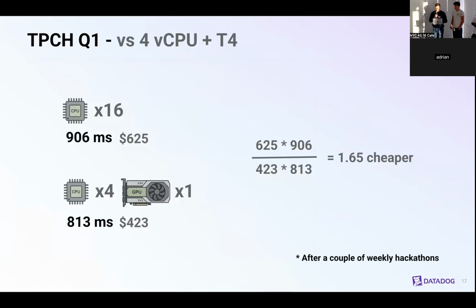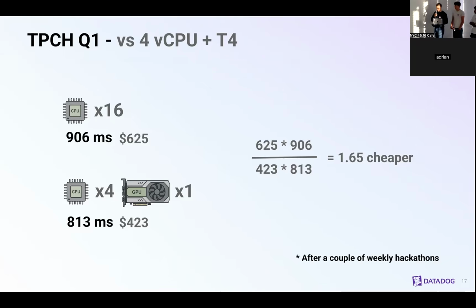And if we do some math, you will see that we are paying less price for getting a bit less latency. So doing some math, with the amount of time that we have managed to spend on this effort, which is just a couple of hackathons, it's actually cheaper. It's actually 1.75 times cheaper, which for the amount of time that we have invested in this, I would say it's pretty good numbers.